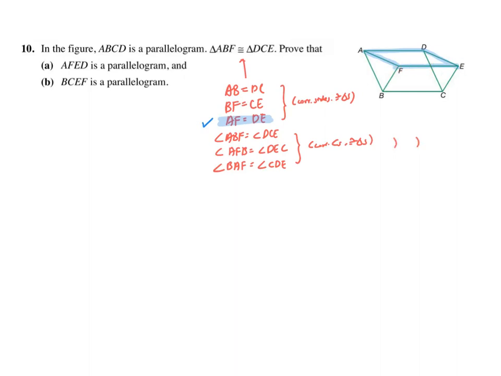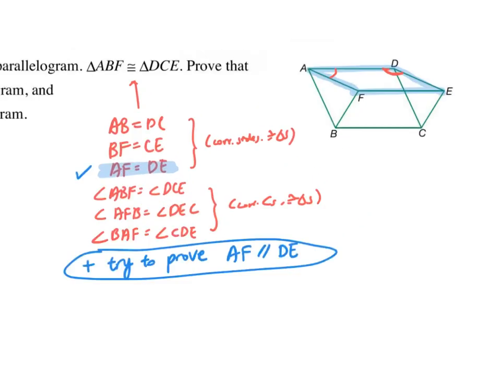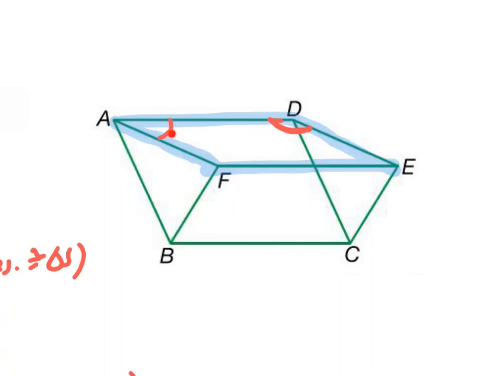So you may look for another condition, which is you try to prove AF parallel to DE. So how to prove parallel lines? You can use interior angle supplementary if you look at these two angles. If the two red angles here add up to 180 degrees, then you can claim AF parallel to DE.